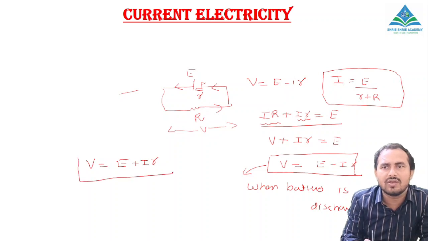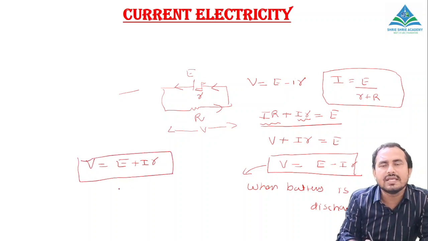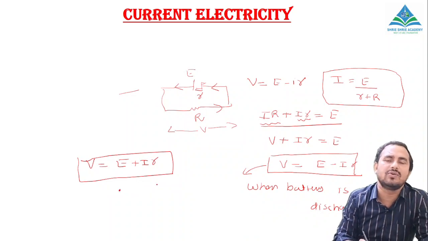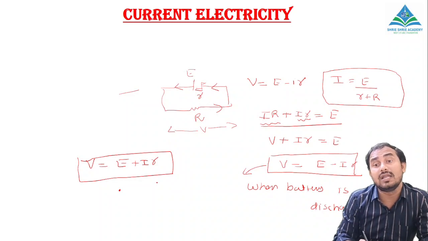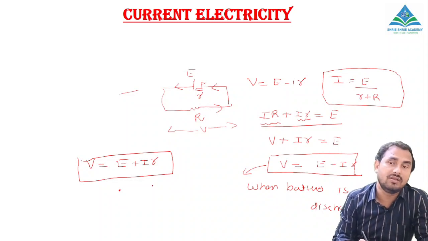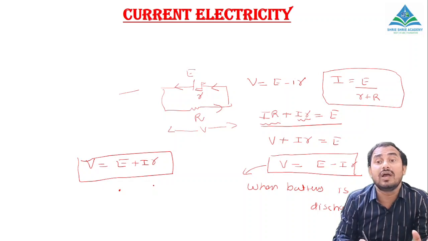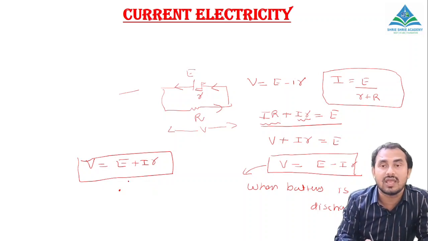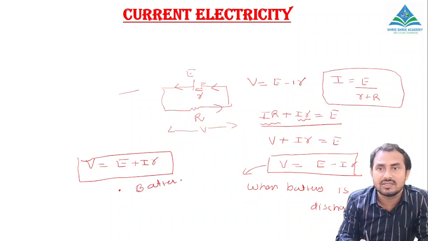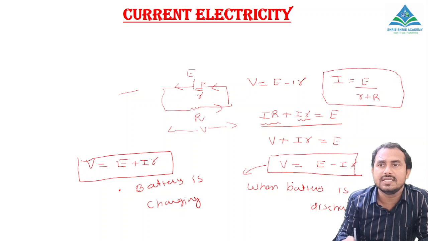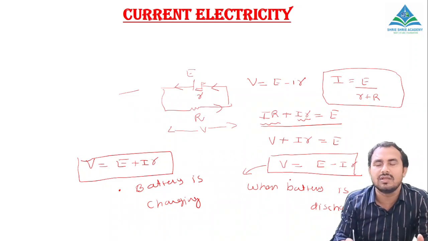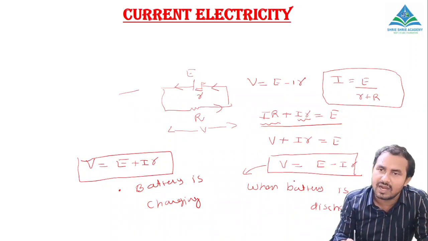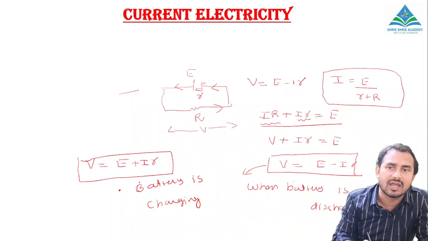Battery charging is like your mobile phone switching off, and you connect it to an external supply of current and charge the battery again. So in that condition we write V equals E plus Ir. Battery discharging means you are using the battery to light a bulb or whatever, consuming the energy from the battery, while in charging you are giving energy to the battery.